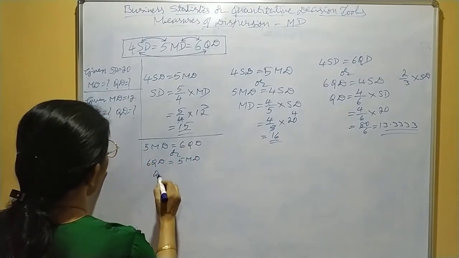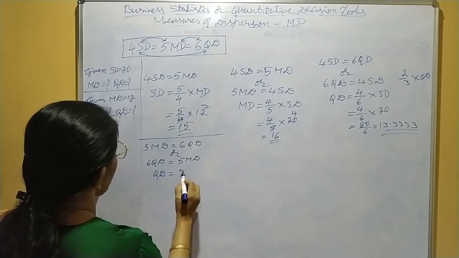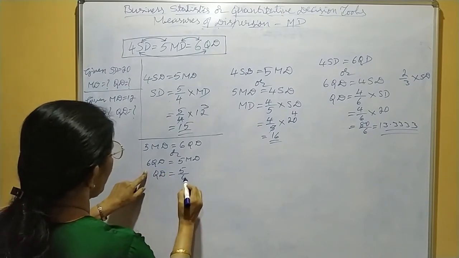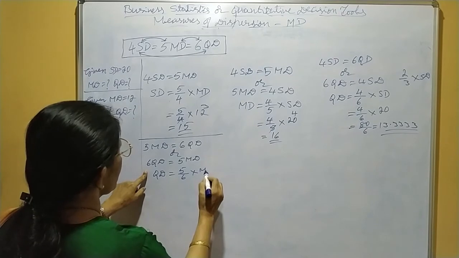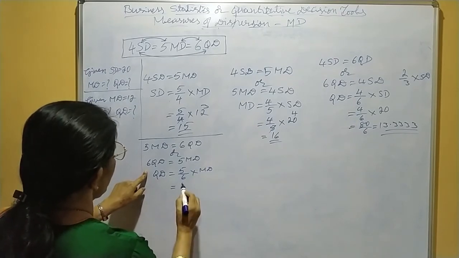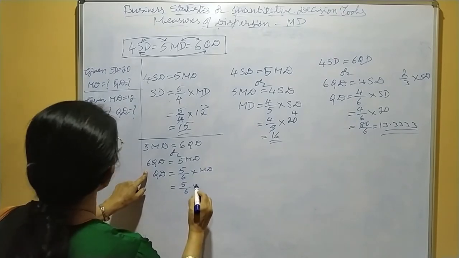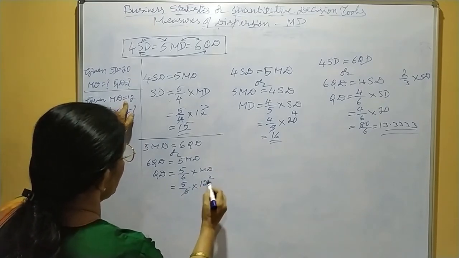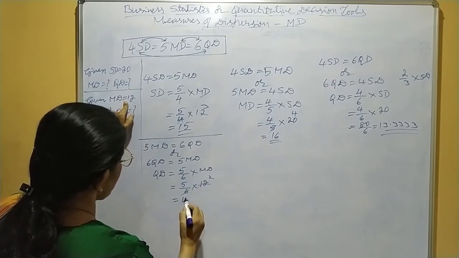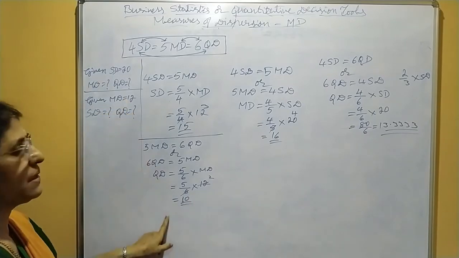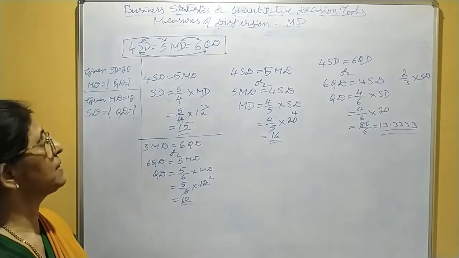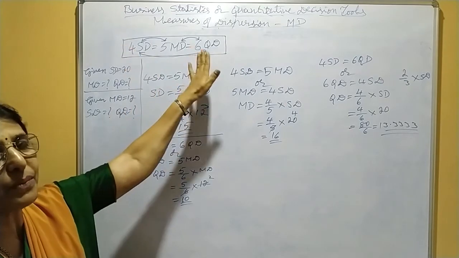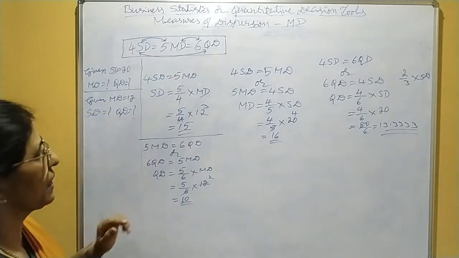Now we have to find out quartile deviation. qd equals 5 divided by 6 into md equals 5 divided by 6. Given md is how much? Mean deviation, 12. 6 2s are 12, 5 2s are 10. This is quartile deviation. It is very simple. Only thing is you have to keep in memory this formula.